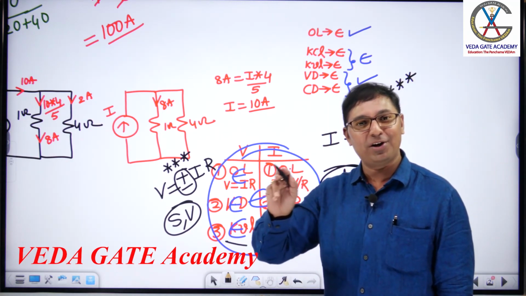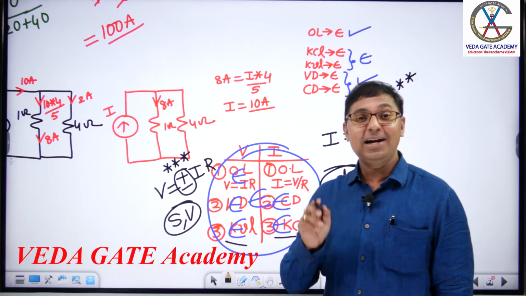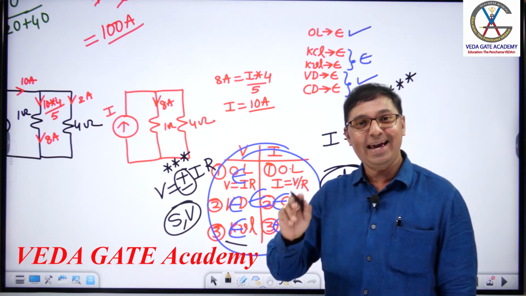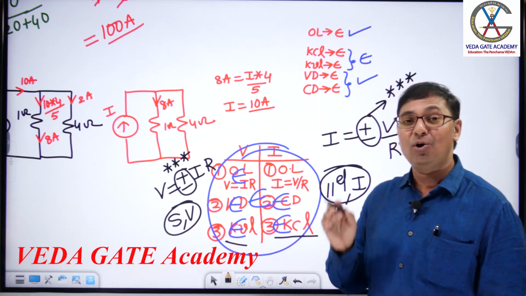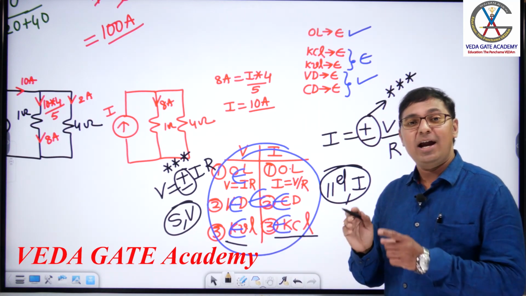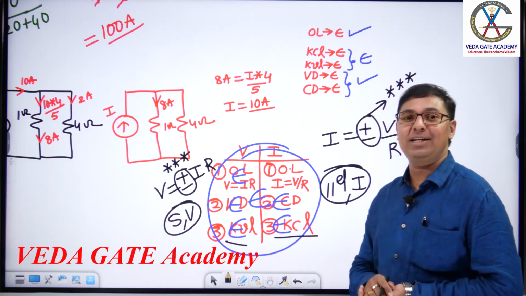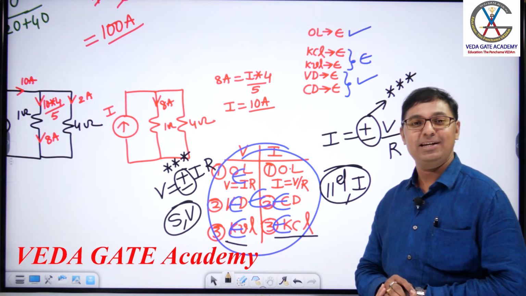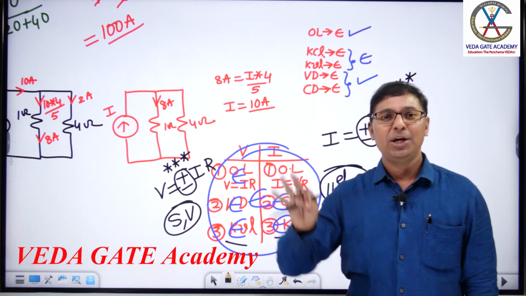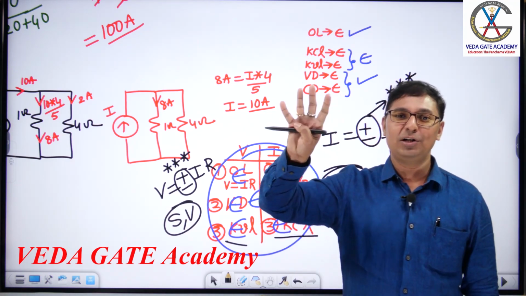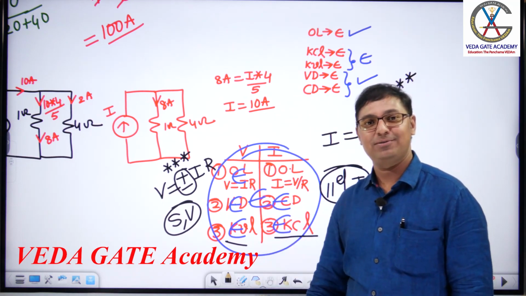KVL is applicable for a closed path. In that closed path, if you know n minus 1 element voltages, the nth element voltage can be easily calculated. Example, suppose in a closed path you have 4 elements. If you know 3 element voltages, the 4th element voltage can be easily found.